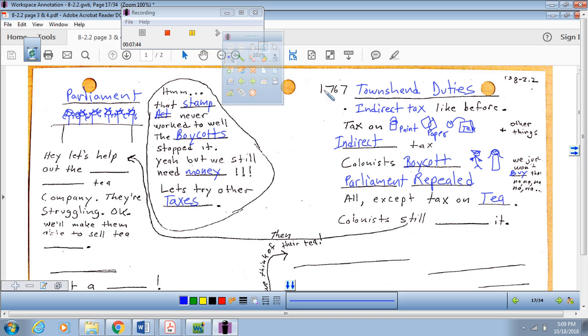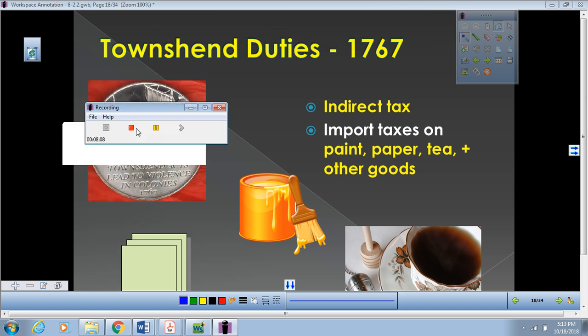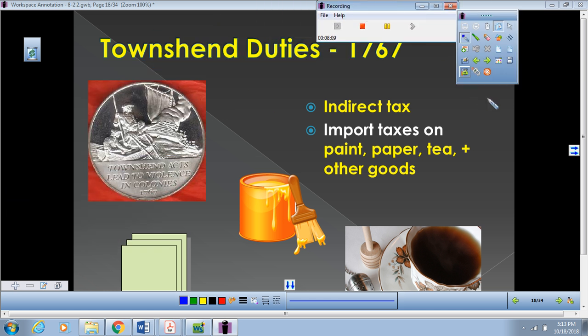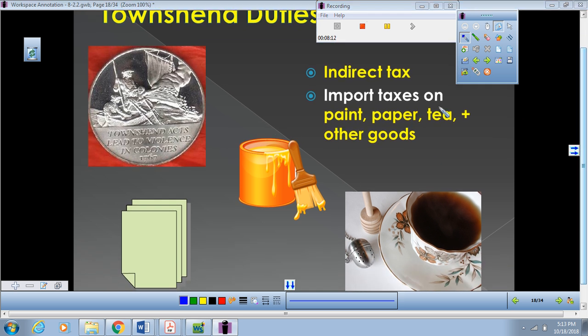Now comes an episode in history, and it all centers around the Townshend duties and the remaining tax that was left on tea. So, to repeat what was said, the Townshend duties were passed in 1767, and it was an indirect tax. It was an import tax on paint, paper, tea, and other goods.